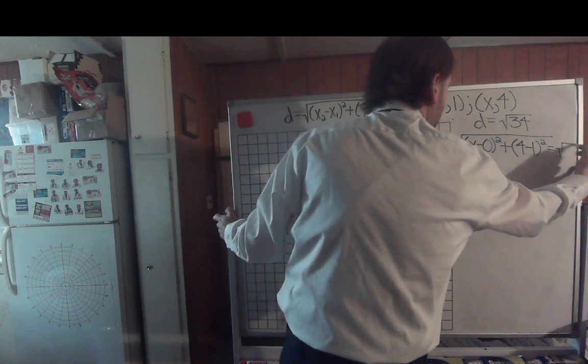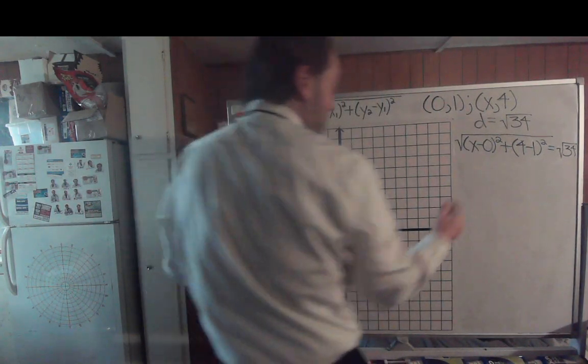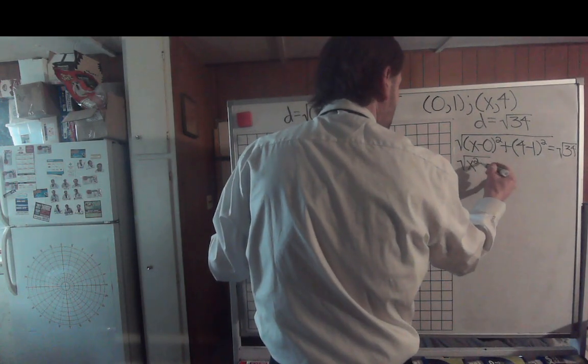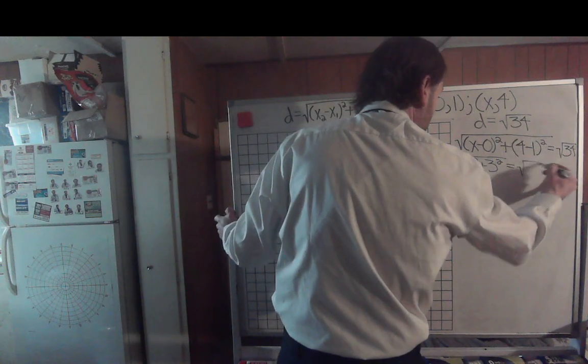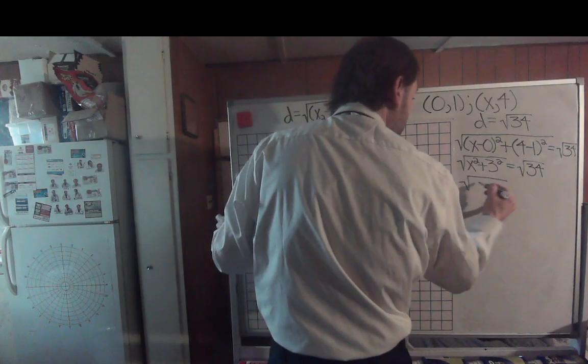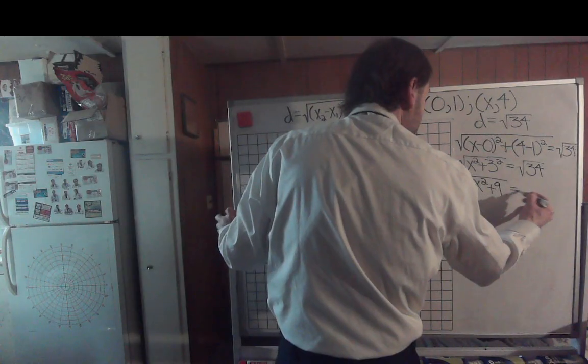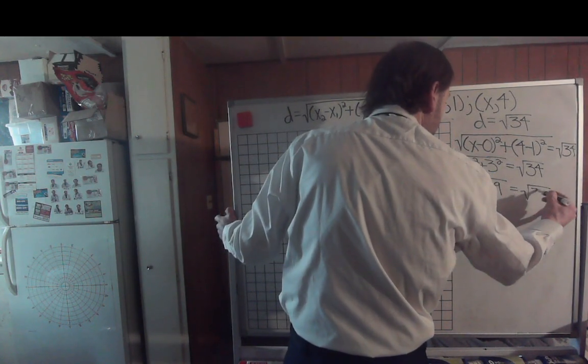That's our distance formula. That equals the square root of 34, right? Well, this would simplify into the square root of x squared plus 3 squared is equal to the square root of 34, which means the square root of x squared plus 9 is equal to the square root of 34.